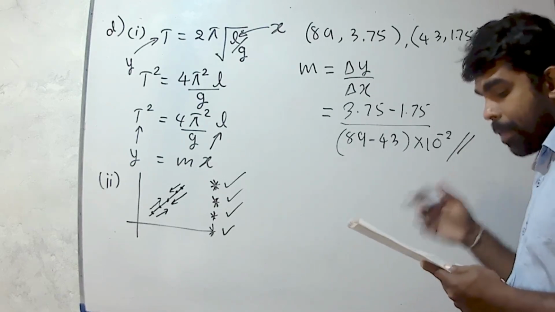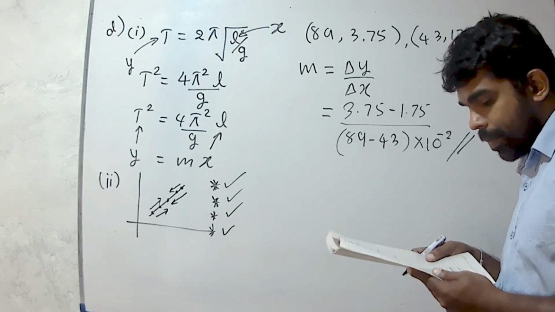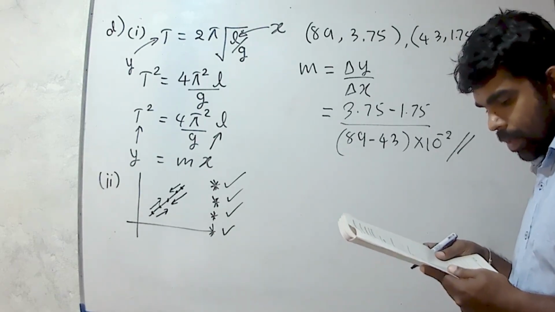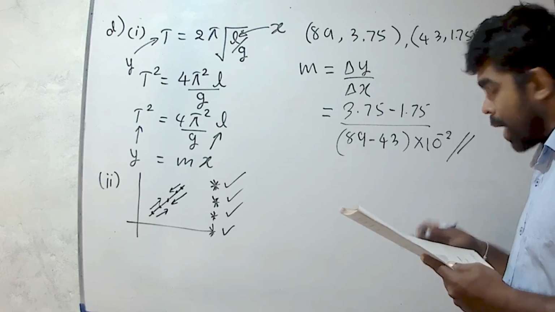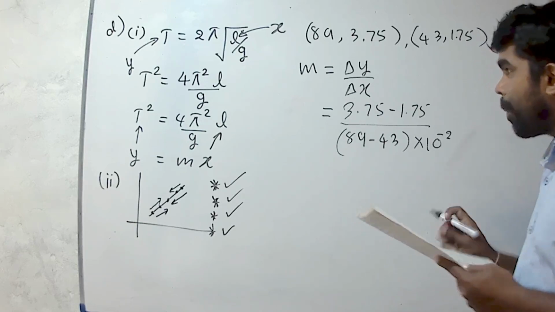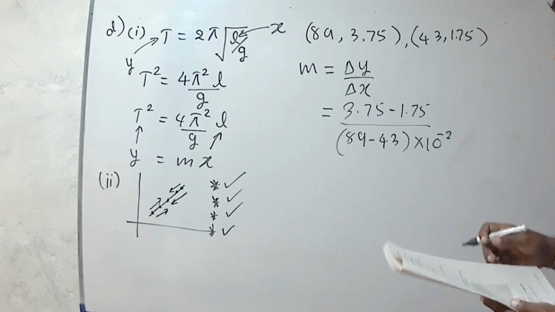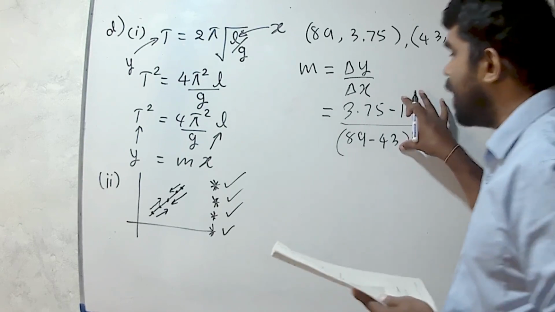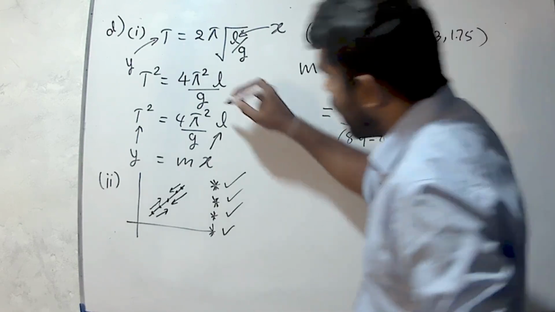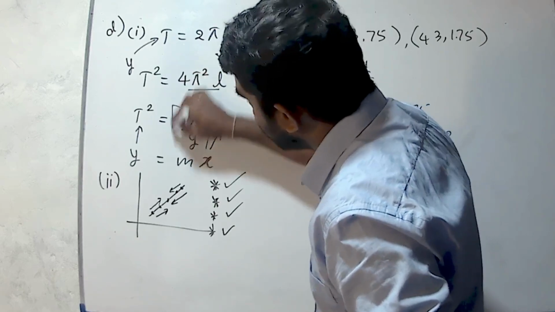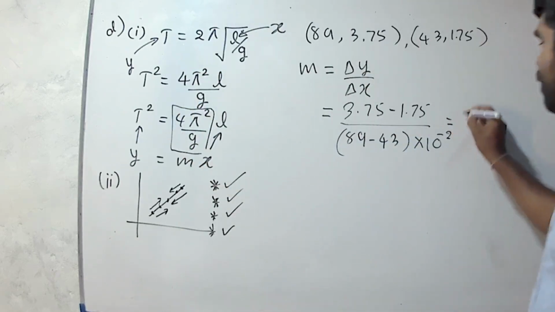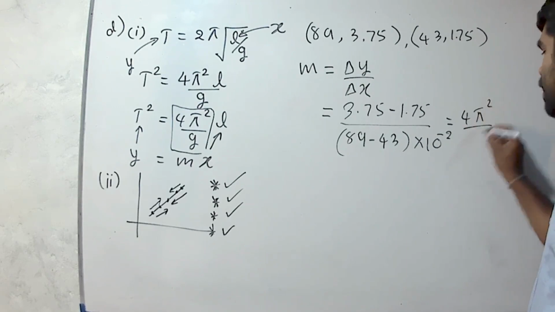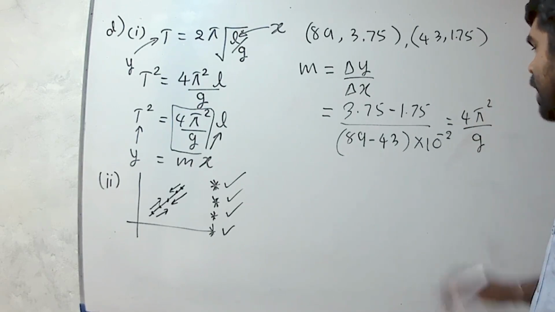And in the same part, they have asked to calculate gravitational acceleration. This is the gradient. Now we know that the gradient is equal to this part, 4 pi squared over g. We have to find g.